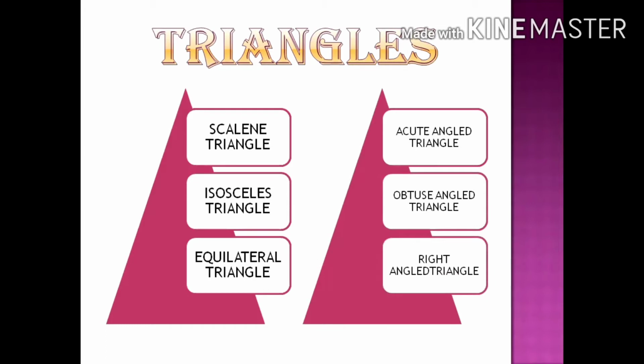Acute angle triangle, a triangle having all the 3 angles as acute angles, meaning less than 90 degrees. Obtuse angle triangle, having one angle more than 90 degrees. That triangle is known as obtuse angle triangle. Right angle triangle, a triangle having one angle as a right angle.